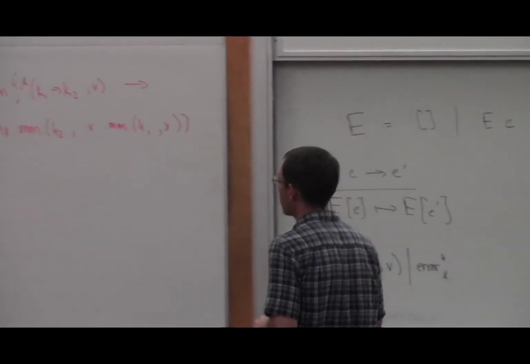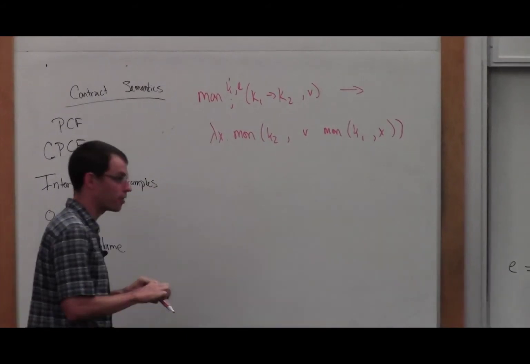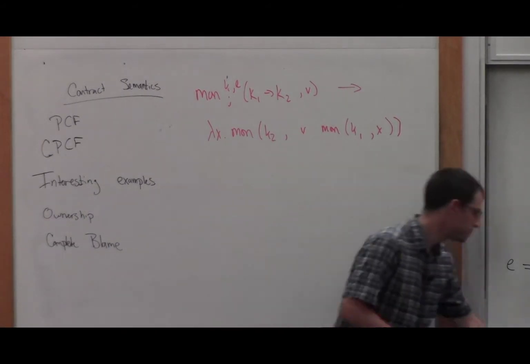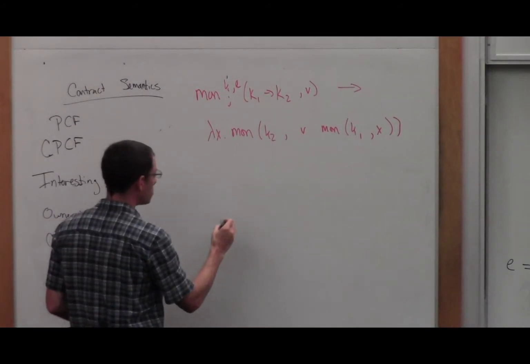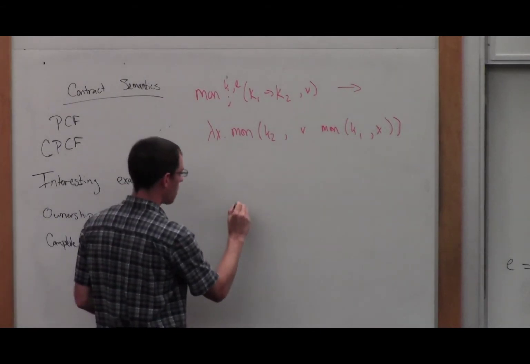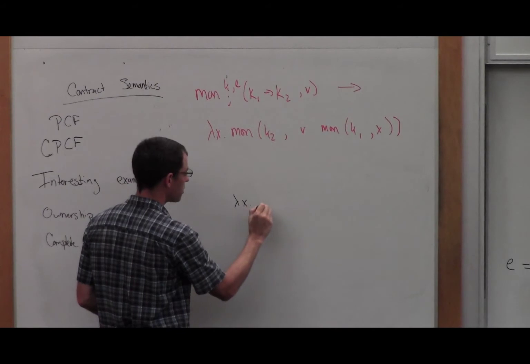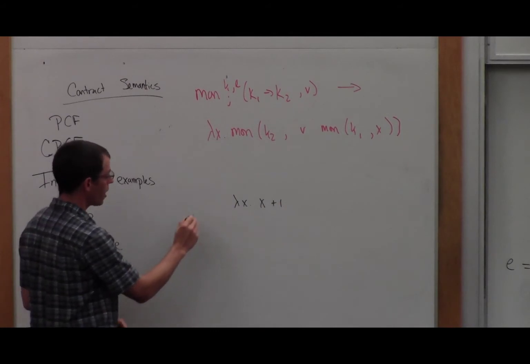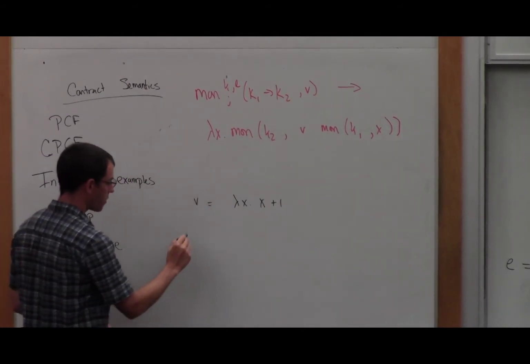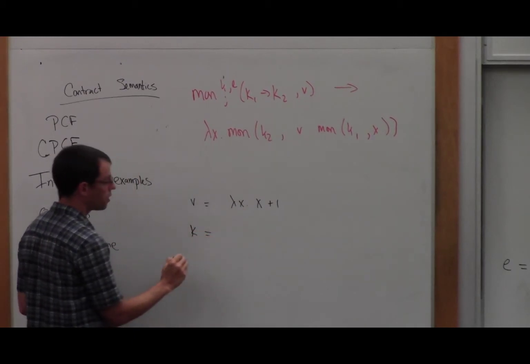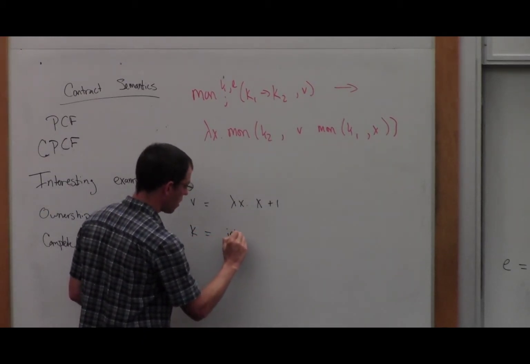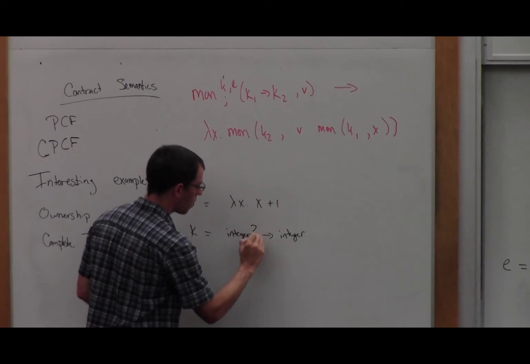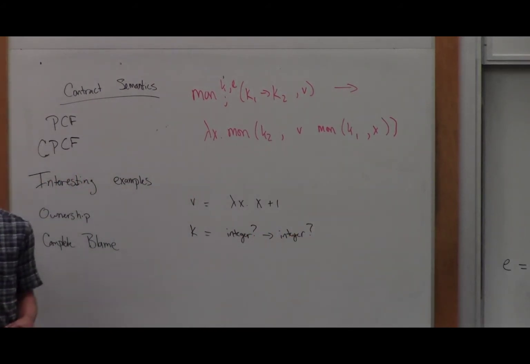So let's think about this in a concrete example form. Let's imagine we have the function lambda x, x plus 1. We have the contract, so that's v. We have the contract integer arrow integer.